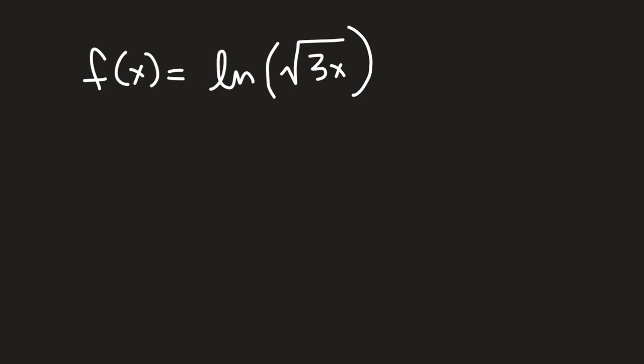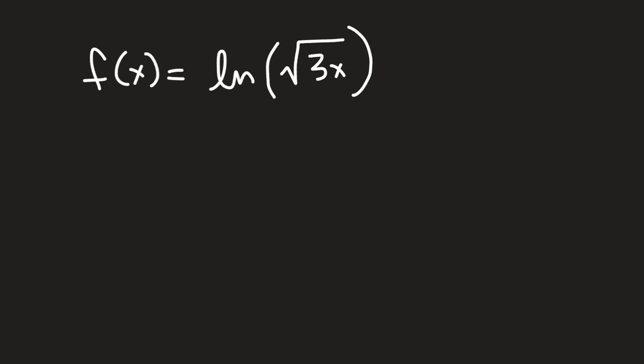Okay, look at this one. Here we have the natural log of the square root of 3 times some number. Okay, so natural log square root of 3x. So in this case, how many functions do you see? 3 functions. Okay, we have 3 functions in this case.